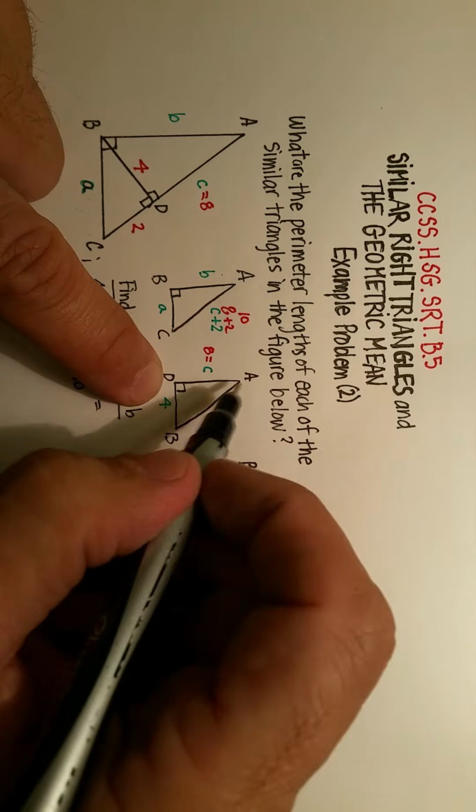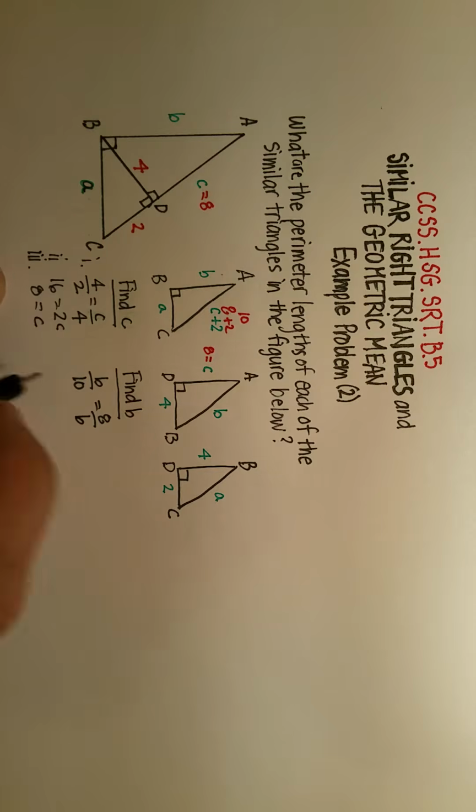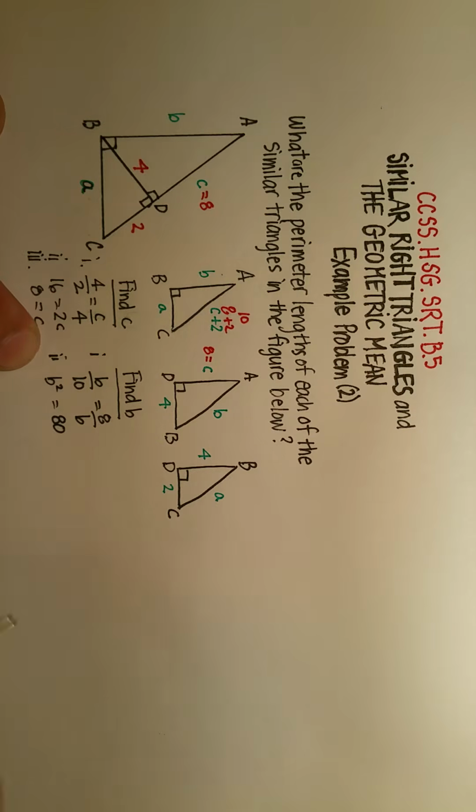Again, cross products. And I get B squared is equal to 80.